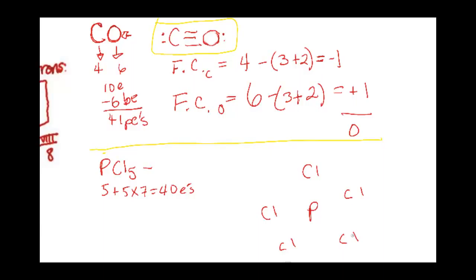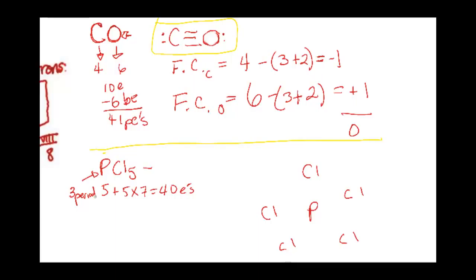And if I were to look at the periodic table, phosphorus is on the third row, or third period, and because the central atom is on the third period, we can use the expanded octet. Okay, keep that in mind.